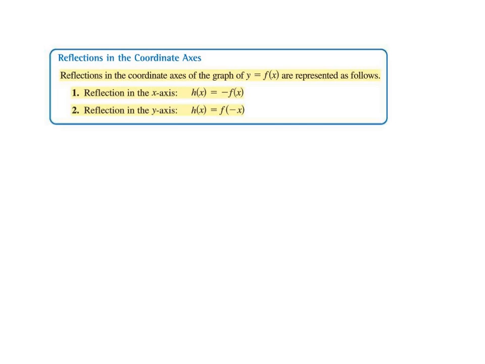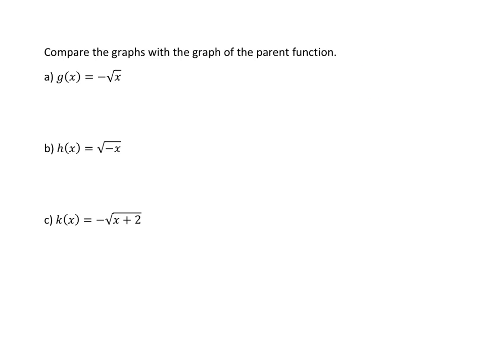Negative on the outside is going to mean a reflection over the x-axis. Negative on the inside is a reflection over the y-axis. So if I take these graphs, we need to know that the parent graph looks like this. Points at 0, 0 and 1, 1.